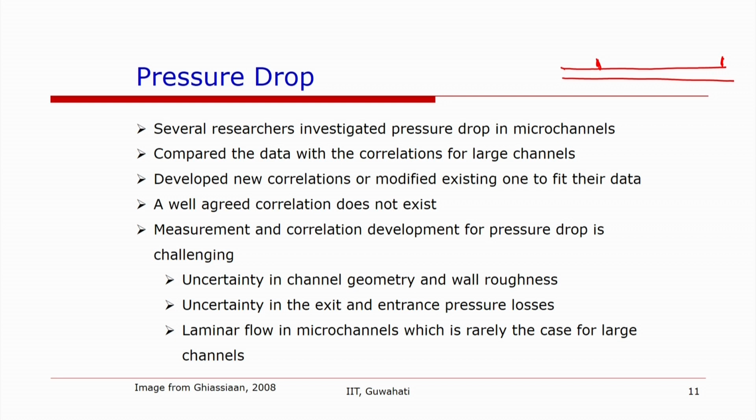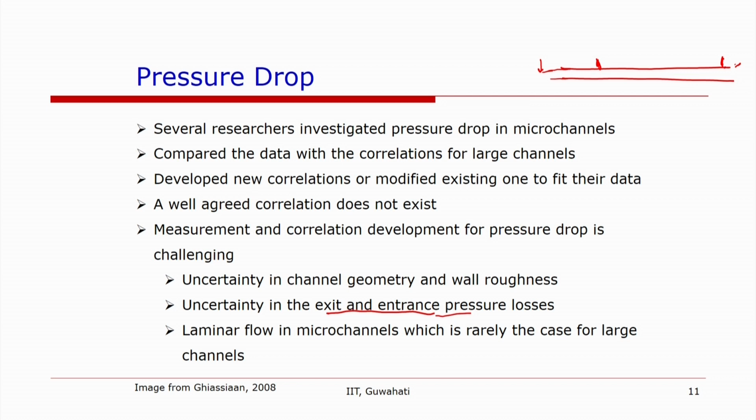And it is not easy to have probes in a microchannel at such distances. Most of the time people measure the pressure drops at the inlet stream and at the outlet, when it is open to the atmosphere. Then one needs to take into account the losses at the mixers or at the valves. So there exists uncertainty in the exit and entrance losses, and this is more dominant in microchannels.